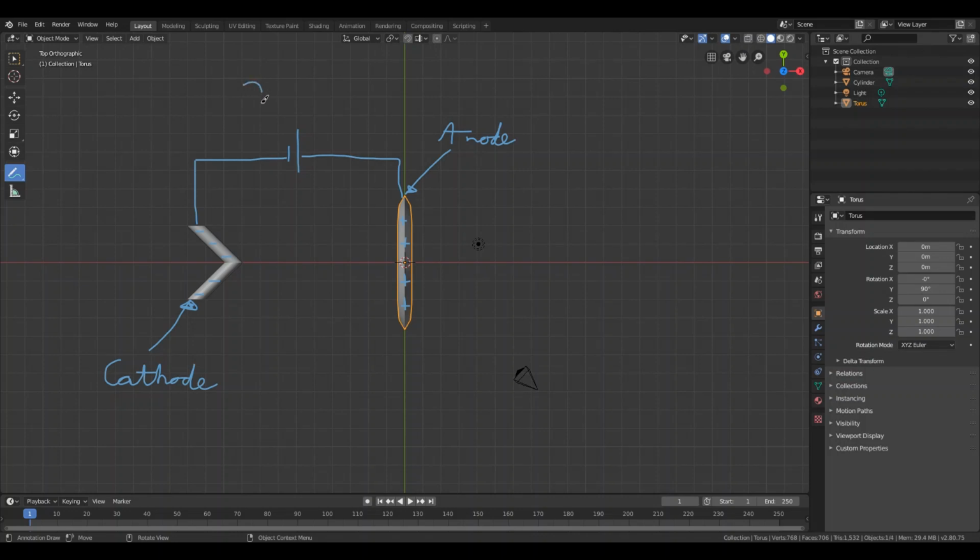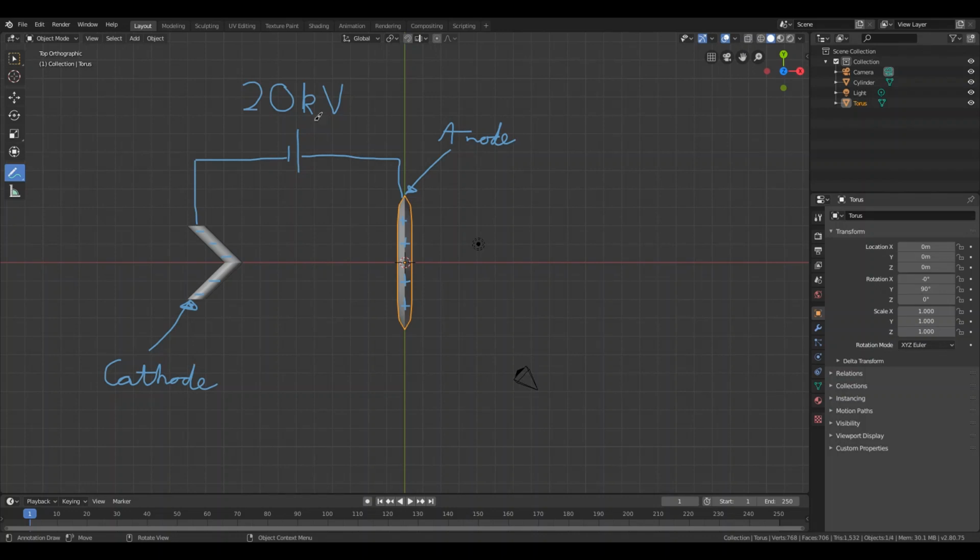We need a better. Oh, that doesn't look so bad. Like I'm writing with a mouse, and I'm impressed by myself right now. So it's like 20,000 volts between those two.